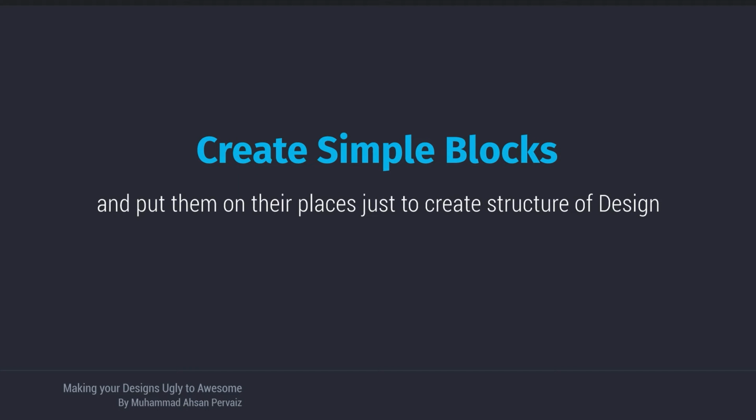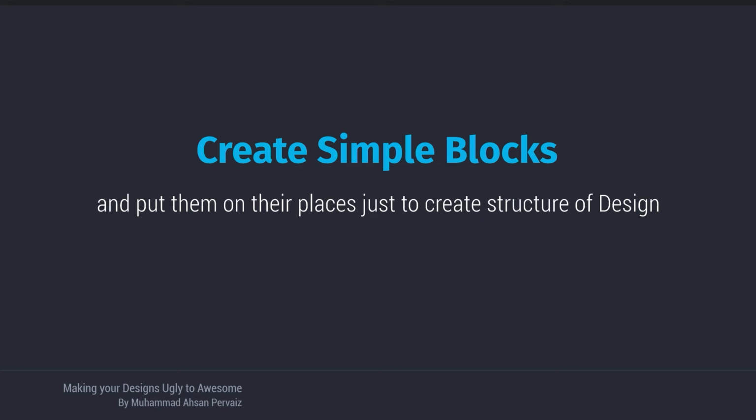Now, the technique behind creating this block level design is that we are going to just create different simple shapes, and we are going to place them on the areas where we are going to put some content. For example, if I have a social app or a registration app, I know that there will be 4 or 5 fields and one avatar image of that person, or maybe a button.